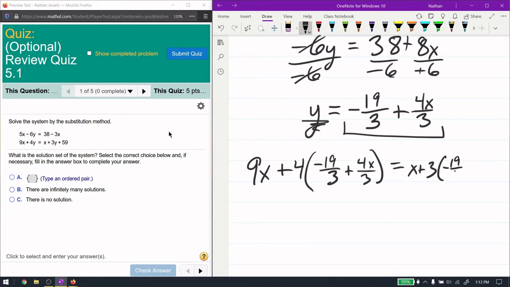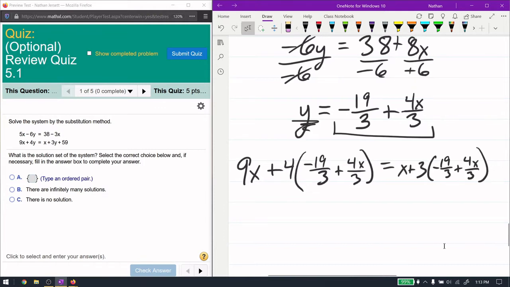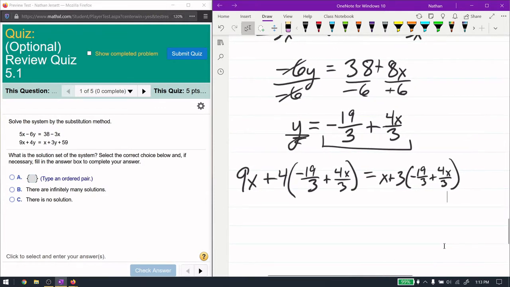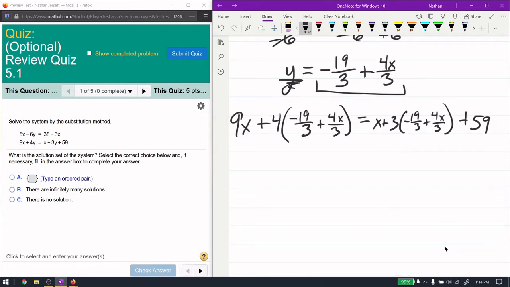Negative 19 over 3 plus 4x over 3. And then plus 59. Let me zoom out just a little bit here. Okay, long equation. We can solve this though because there is one variable in it, namely x. So we have to get x to one side and we're good to go.